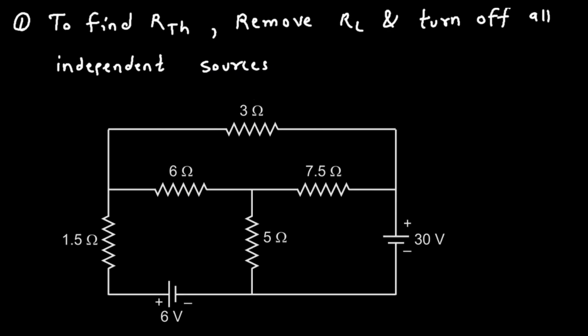Let's remove this RL. If we remove this RL, this will be our RTH. Let's say this is terminal A and this is terminal B.